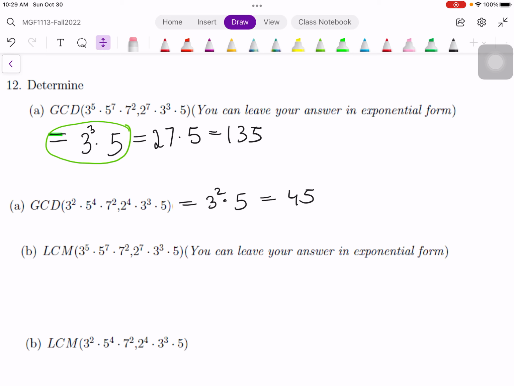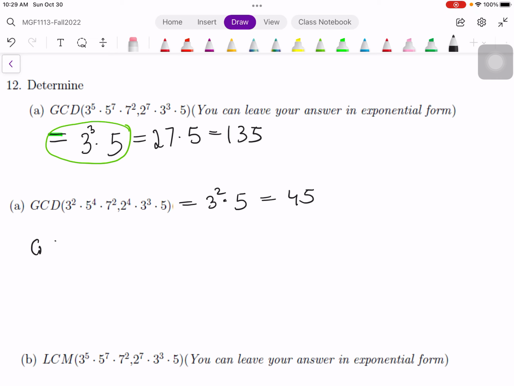So let me give you some other example, because we again had something else than what we did. Let's say 2 to the power 5 times 5 to the power 7 times 7 times 11 to the power 5. And the other number will be 2 to the power 3 times 11 to the power 9 times 13.